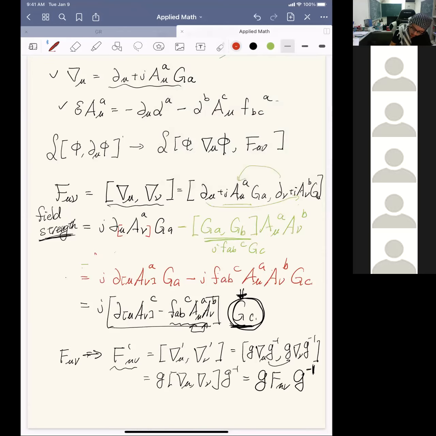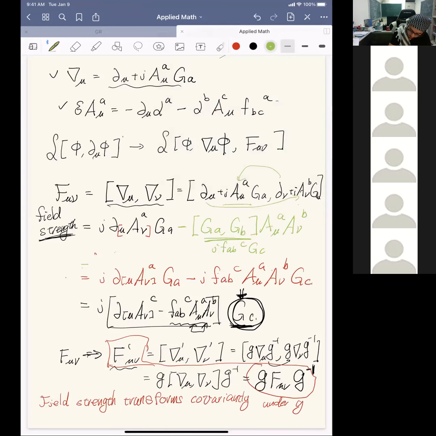So generically, the field strength transforms covariantly under G. It's not invariant, it's covariant. The reason that in the U(1) case it was invariant was because G is just a phase.